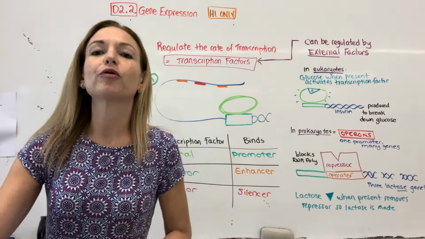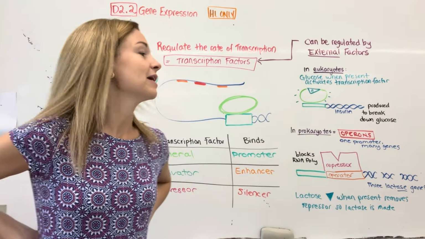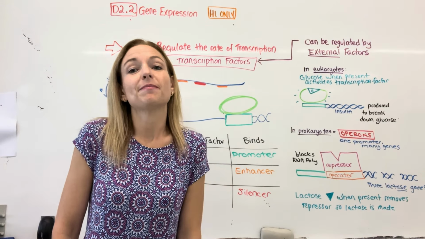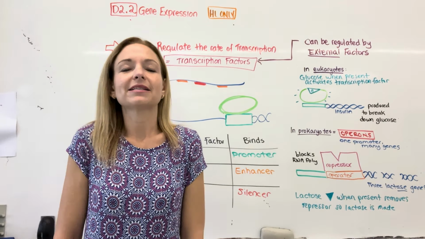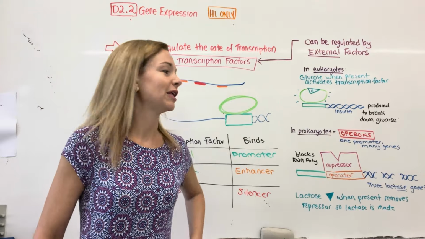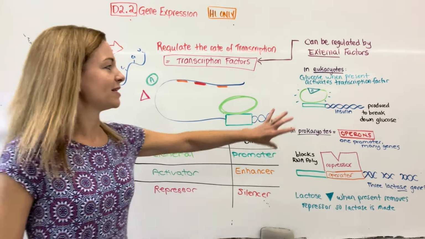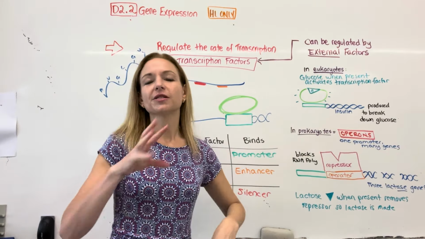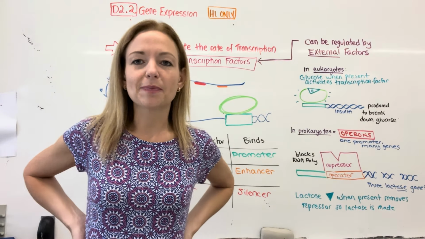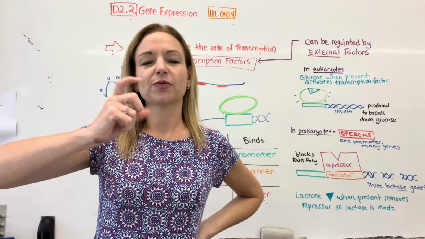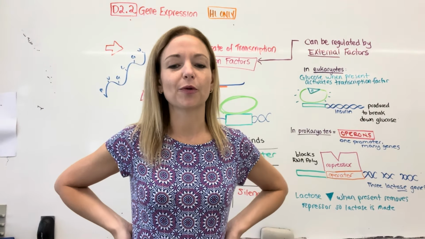So in the presence of lactose, that change occurs, the repressor leaves, and it's able to make the lactase. The lactase will then break down the lactose, which means it will go away, and the repressor will come back. So it's quite similar to this example. It's just multiple genes, and there's a special operator site for it, and it's done specifically with this one kind of protein, which is a repressor.